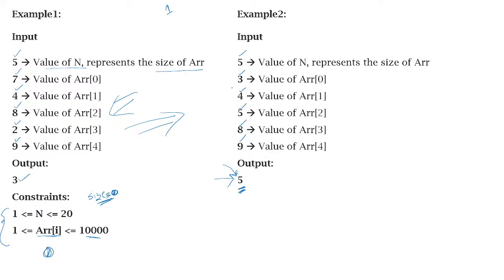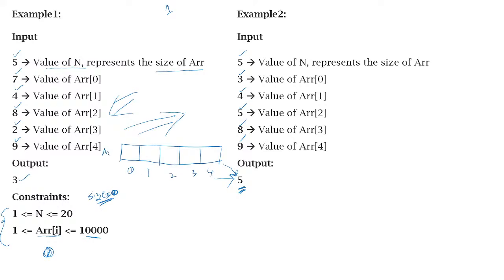Okay, so how can we arrive at this logic? Let us work out this example. First we will consider an array containing 5 elements. These are the 5 elements: array index 0, 1, 2, 3, and 4.